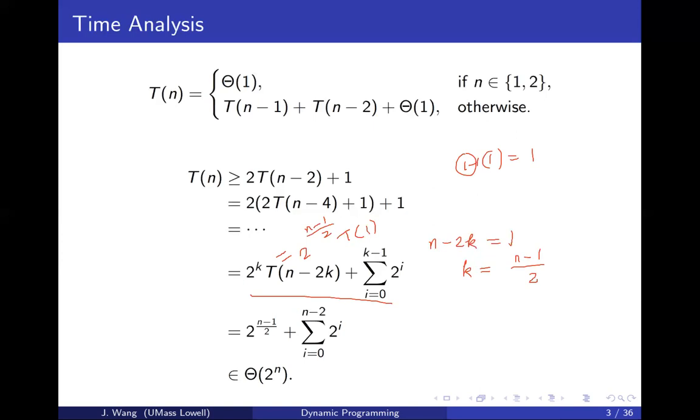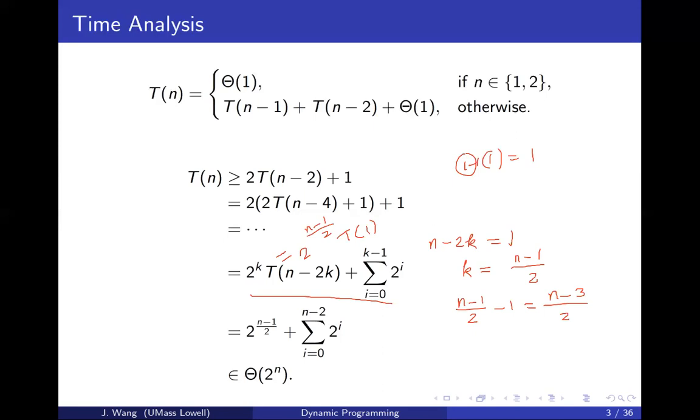So then when k is equal to this, so that means what? We need to change that. So that's when this stops. So that's n minus 1 over 2 minus 1. So that's really equal to n minus 3.